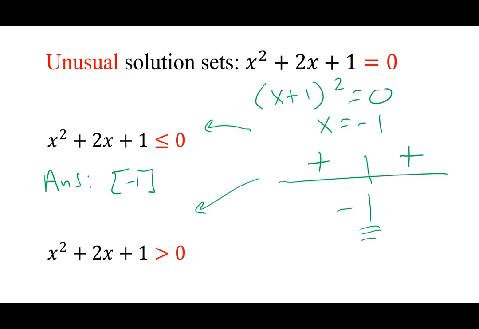If you're trying to answer where this is greater than 0, this polynomial inequality is greater than 0 everywhere except -1, because that's where it's actually equal to 0. So you would say that the answer was -infinity to -1, and then -1 to infinity. So just make sure that you are interpreting each of these problems in the context that they're being asked.